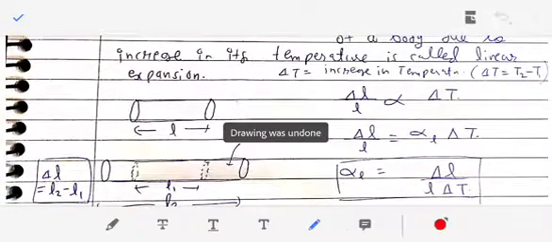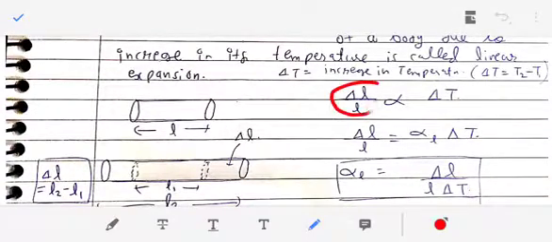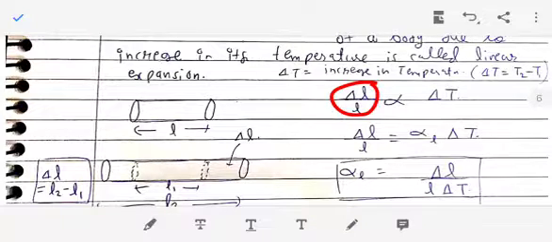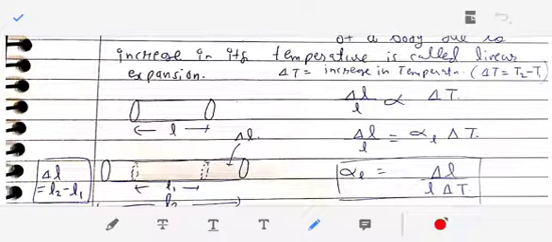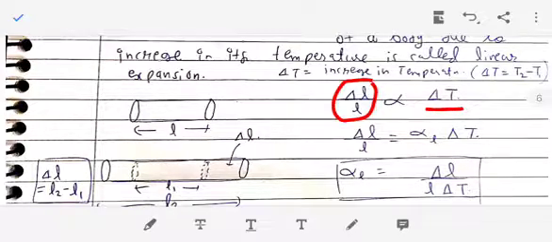What was this delta L upon L? We have seen this previously also. This is like strain: change in length upon original length. So delta L upon L is proportional to delta T, the change in temperature.